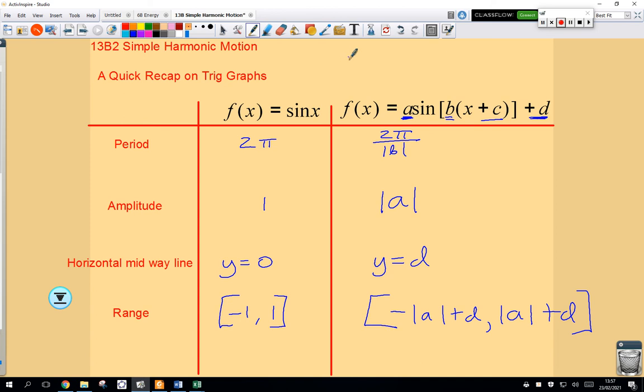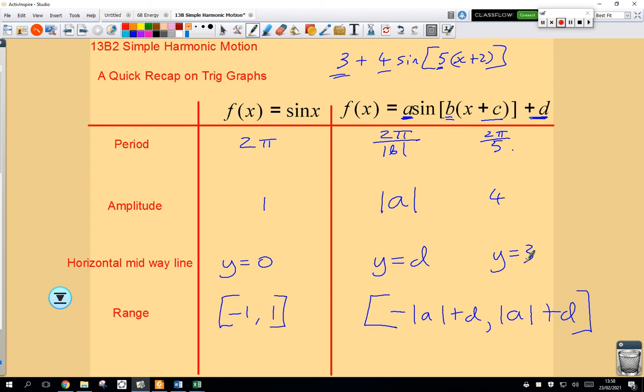For example, if I said the function 3 plus 4 times sine of 5x plus 2, I want to figure out everything about that. Well, the first thing, the period is going to be 2 pi over 5. The absolute value of 5 is 5. The second thing, the amplitude is going to be the absolute value of 4. The horizontal midway line is going to be y equals this term here, 3.